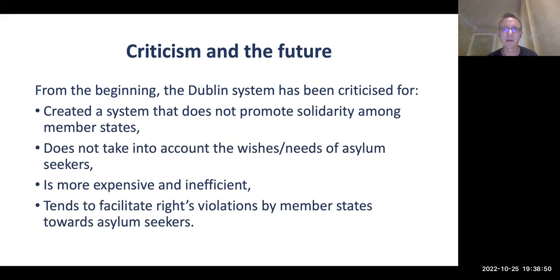There are a number of cases that show that rights violations by member states towards asylum seekers have been enhanced through the Dublin system, especially because you transfer a person forcibly, not taking into consideration their specific problems.